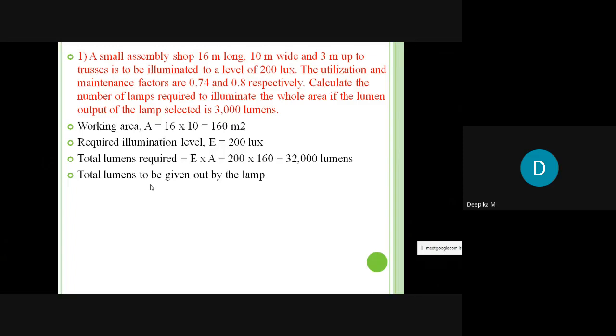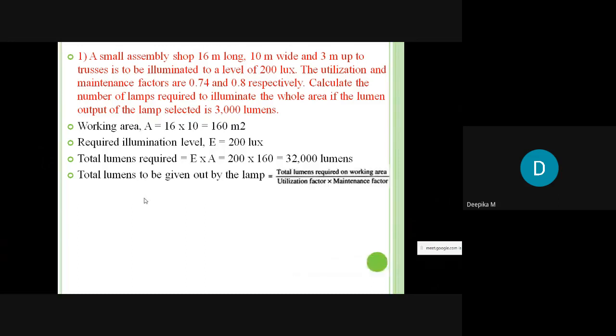Some of the flux may be absorbed by the atmosphere. If we take 100% of flux, the 100% will not reach the working place, because in between there will be an air medium or some other medium, so absorption will be there. Therefore we also need to calculate the total lumens to be given out by the lamp.